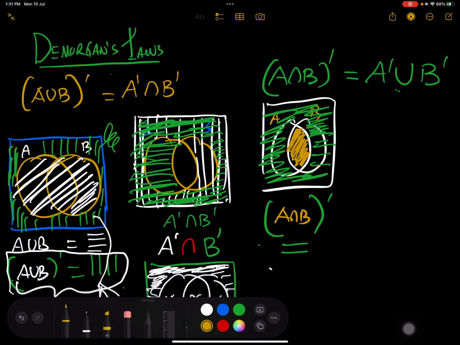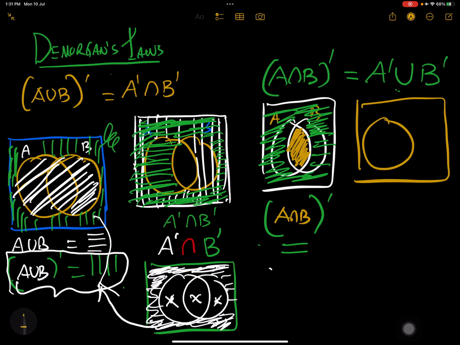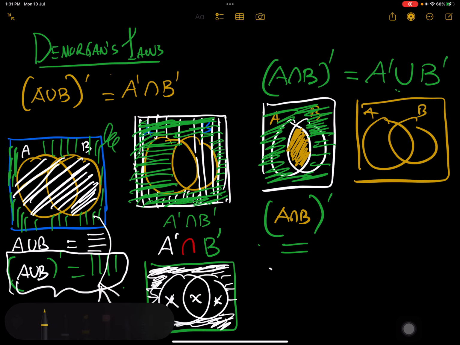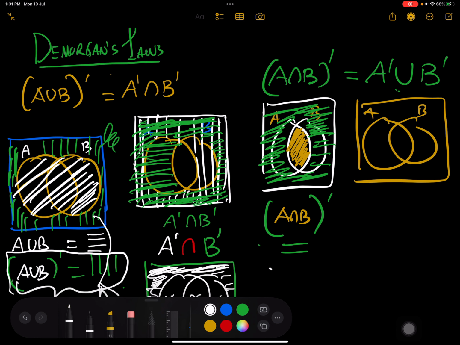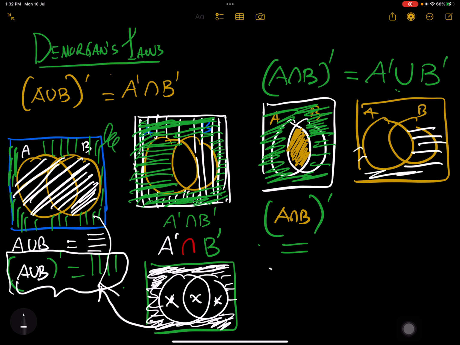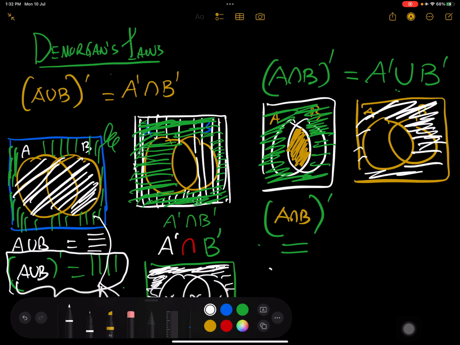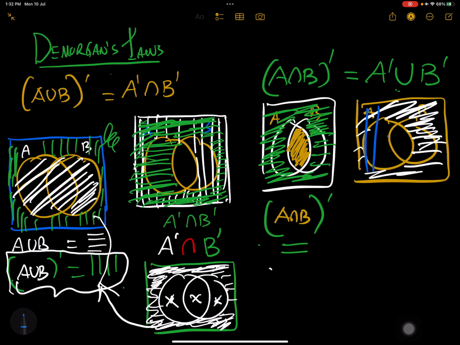Then we're going to look over here as well. Let's draw another two sets here, A and B, and we are looking for A complement. A complement is this white region here. Then B complement is going to be this region here, maybe the blue region, anything outside of B. Can you see that?